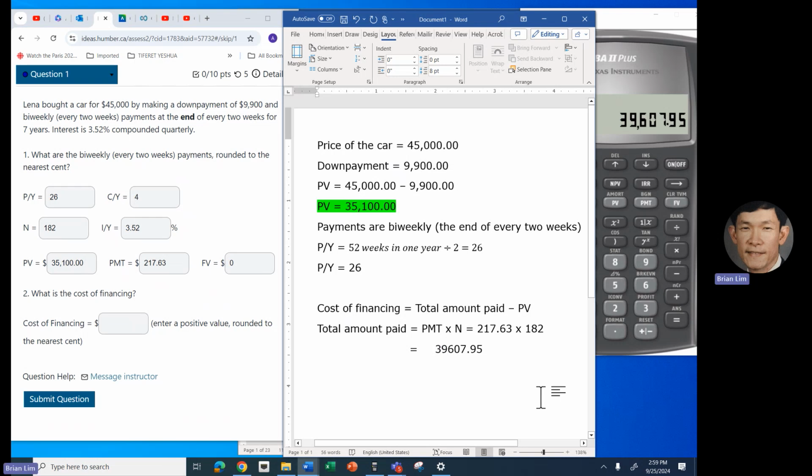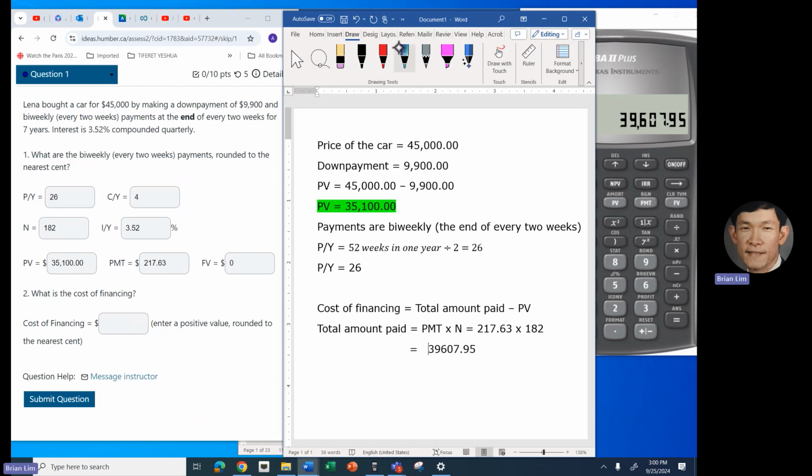Okay, so from that, we need to get the cost of financing. We have to take the total amount paid and then subtract the present value. So let's quickly compute that.